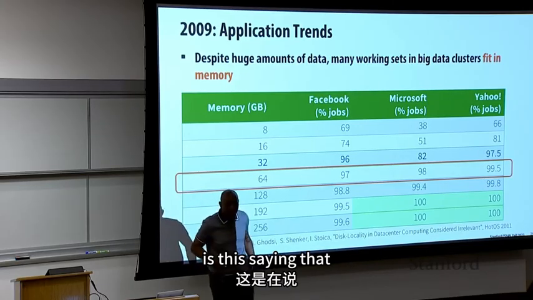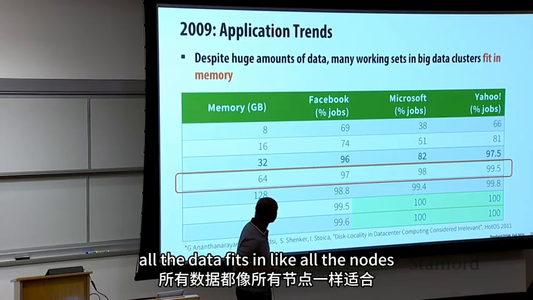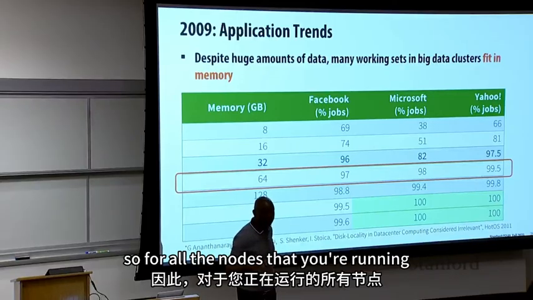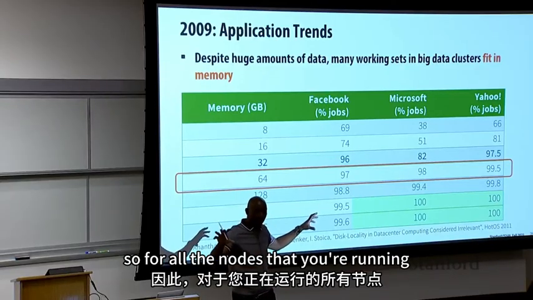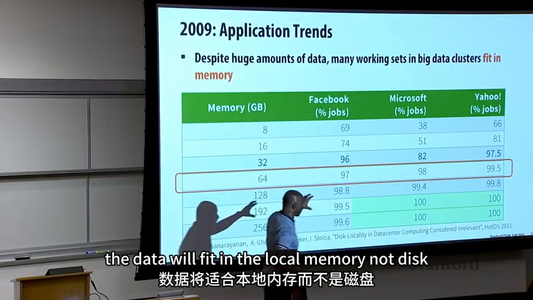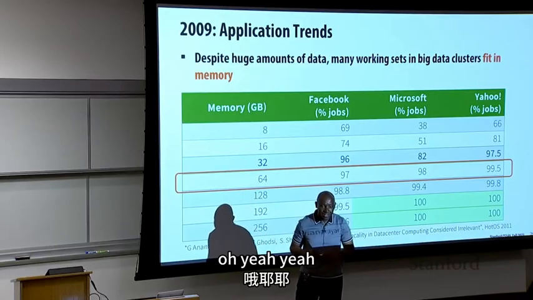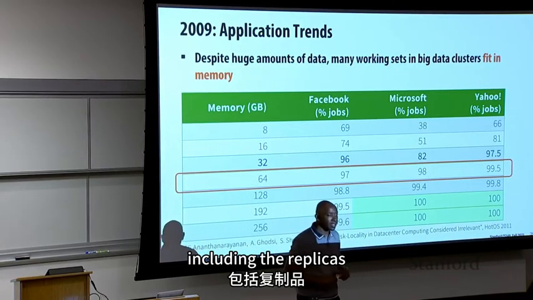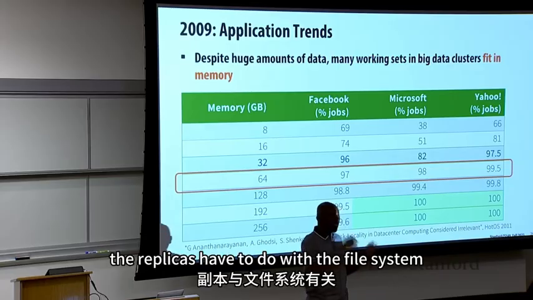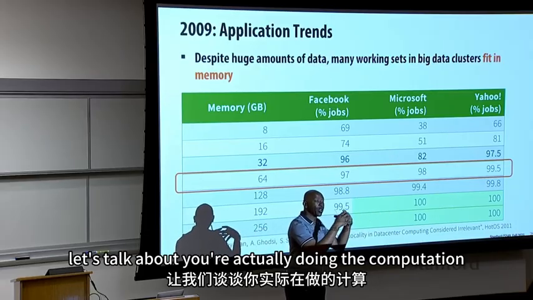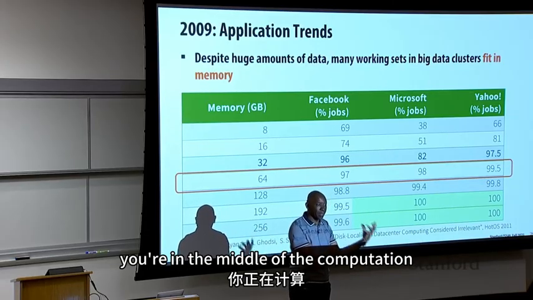Yeah. Oh, this thing that all the data fits in a single node disk, or that the data fits in all the nodes. All the nodes' disks. So for all the nodes that you're running, the data will fit in the local memory, not disk. Oh, okay. Including the replicas? The replicas have to do with the file system. It's talking about when you're actually doing the computation, in the middle of the computation.